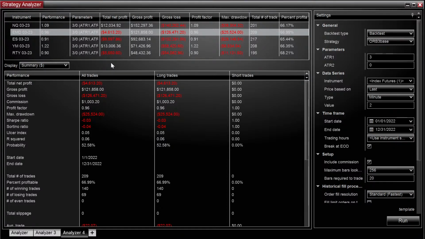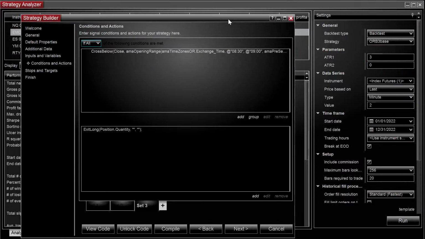Hey, I got a quick question right there. It shows for parameters ATR1, ATR2. What are those? What variable are you changing there? Yeah, so what you're seeing right now was the ORB variation, or the ORB with additional stuff. So this ATR2 actually doesn't exist right now in this strategy.